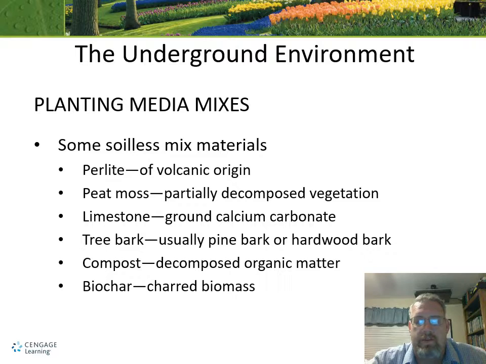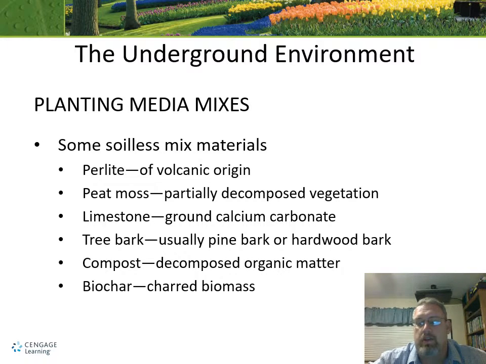Peat moss, this is also used for moisture retention. It's going to create some nitrogen. It's going to give good carbon into the soil. It's going to allow plants to feed off of this peat moss. Limestone, that is something for calcium carbonate. This is to keep the pH regulated.